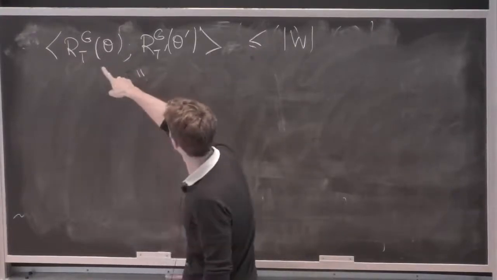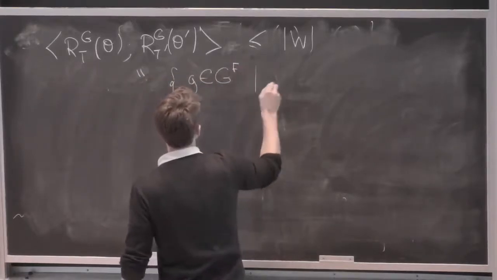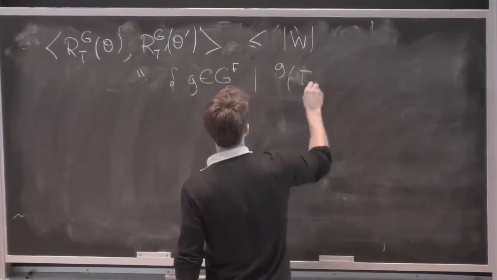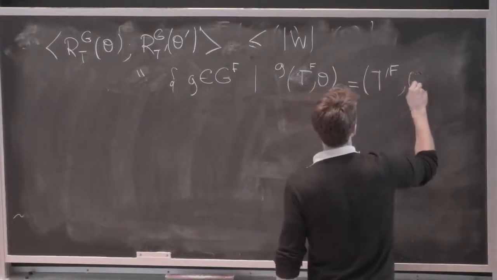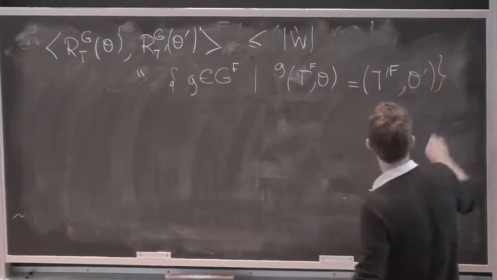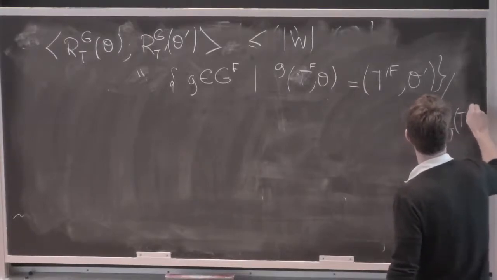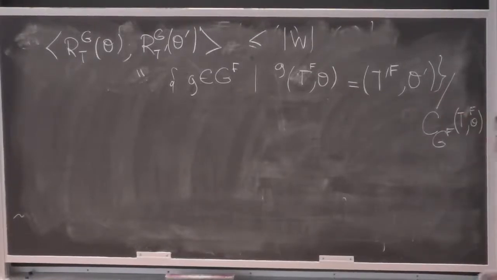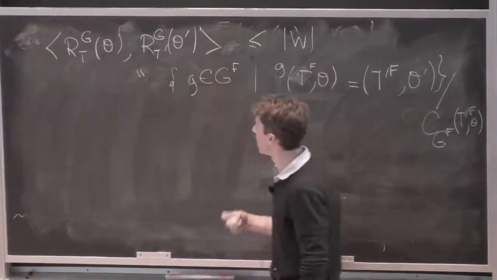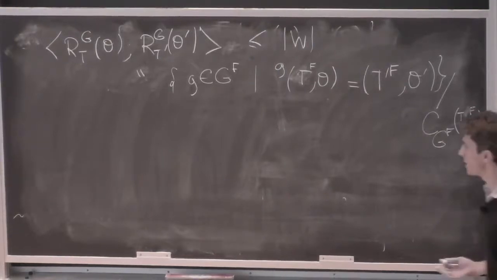I want to say the number of elements in G^F which conjugate this pair (T, theta) to the pair (T', theta'). And I have to mod out by the centralizer of the pair (T, theta), something like this. But if you really look at the description of these characters in terms of elements of the Weil group, it will be just the centralizer of the character theta in the Weil group. So it's something you can compute explicitly.